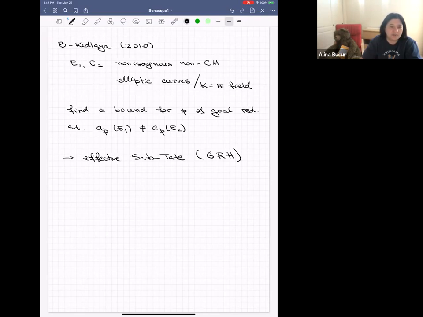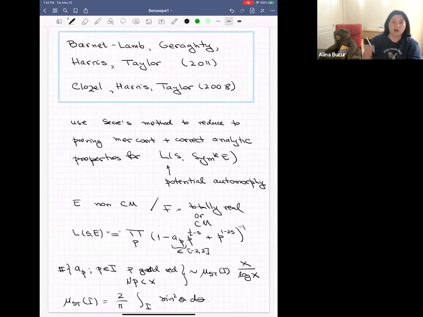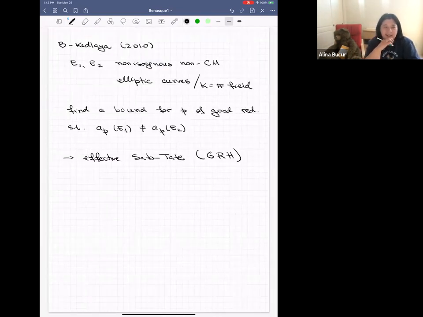It's the same type of effective as for the prime number theorem: what we can prove is that pi of x is asymptotic to x over log x, but what we would like is an error term with a power saving. That's what makes it effective. So by effective Sato-Tate, I mean you have something like this plus a big O of something with a smaller power of x in it.